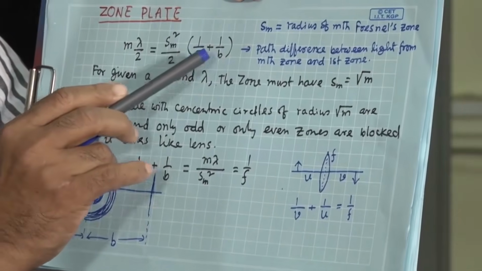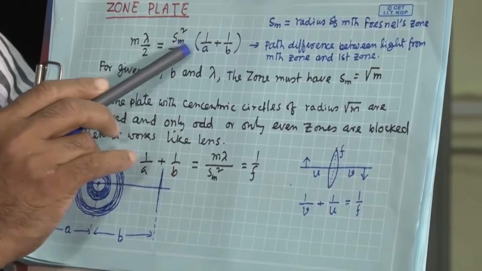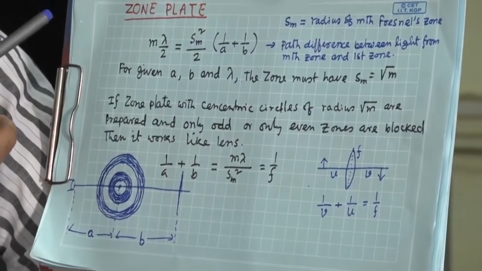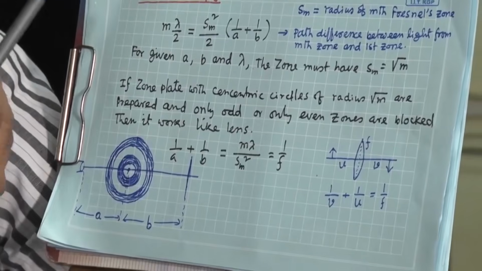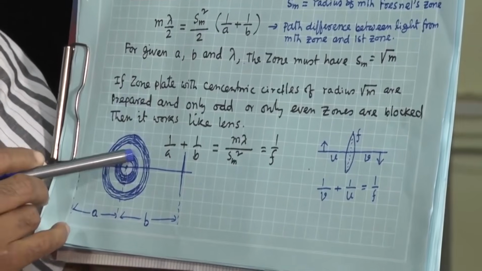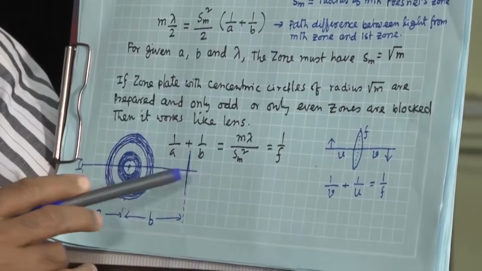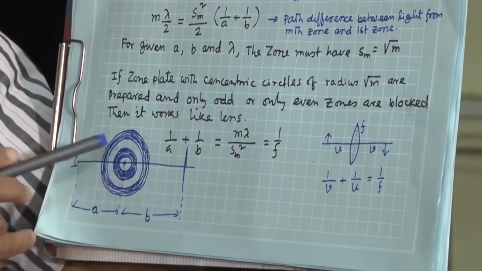So, what are A and B? A is the light source distance from the zone plate, and B is the screen distance from the zone plate.